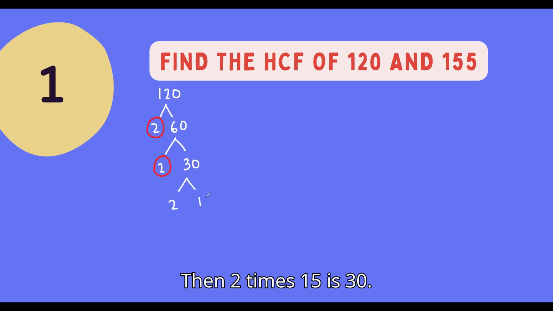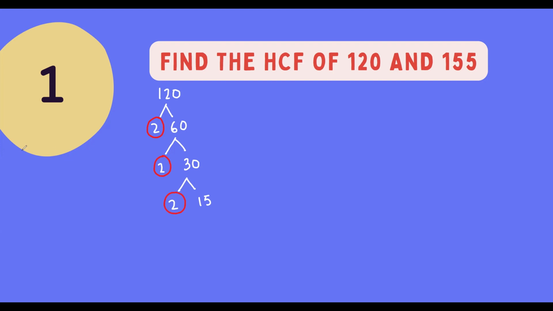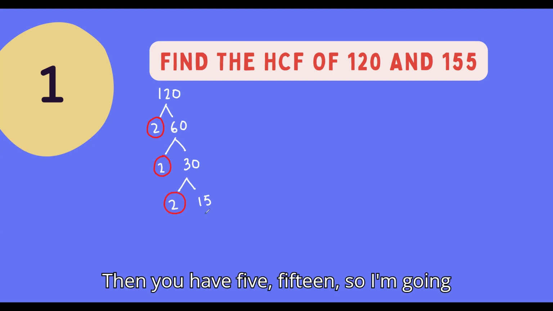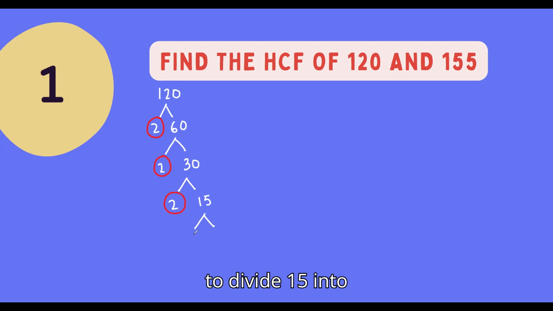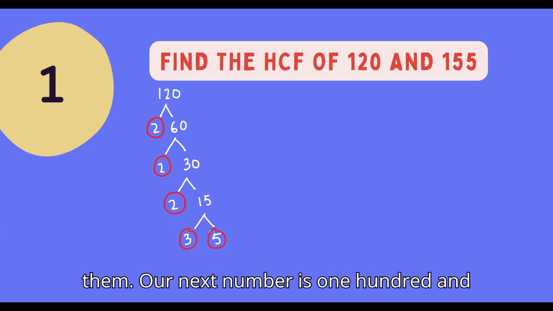Then 2 times 15 is 30. And again, I'm going to circle 2. Then we have 15, so I'm going to divide 15 into 3 and 5. And both of them, 3 and 5, are prime, so I'm going to circle both of them.